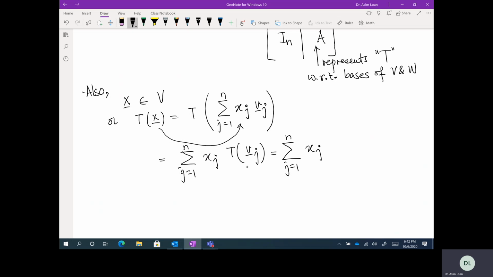But T of Vj can be written in terms of W, so this can be written as the sum over k equals 1 to m of alpha kj Wk.